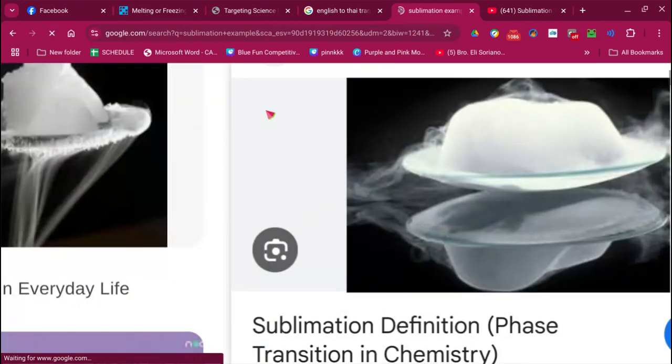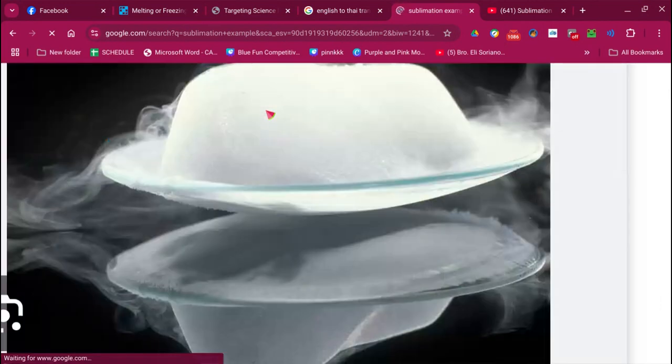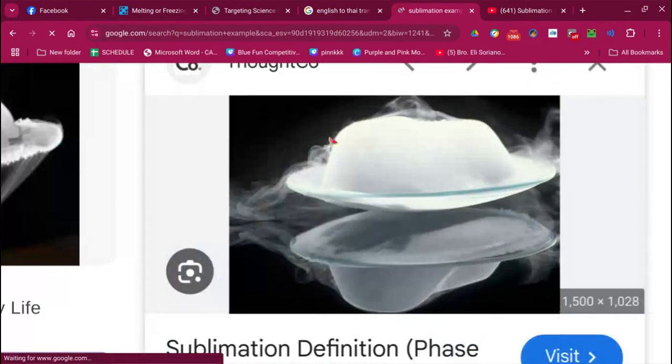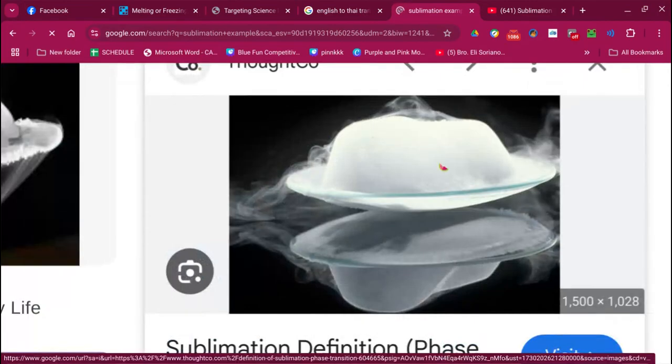Here the example of sublimation is dry ice. When dry ice is heated at a certain level, it evaporates into gases, just like here. Can you see it? Yes, a dry ice, a solid one, evaporates into gases.